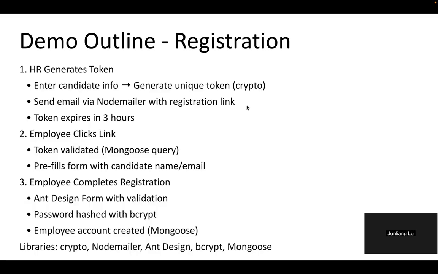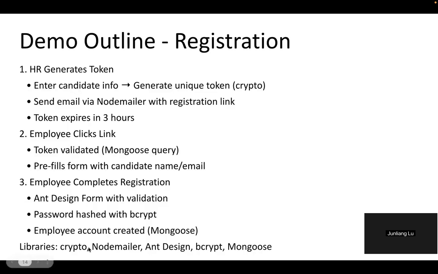The employee then completes registration using an Ant Design form with validation. When submitted, the password is hashed using bcrypt with 10 rounds for security. And finally, a new employee account is created in the database using Mongoose. And the token is marked as submitted to prevent reuse.